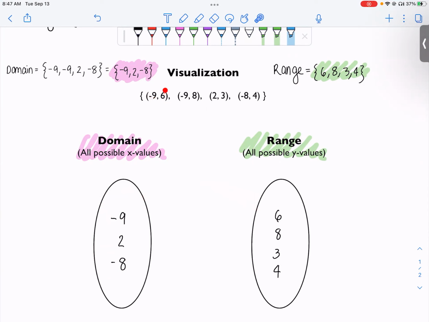So for instance, with -9 comma 6, -9 gets mapped to 6. With -9 comma 8, the -9 in the domain, the x, gets mapped to the y value 8.